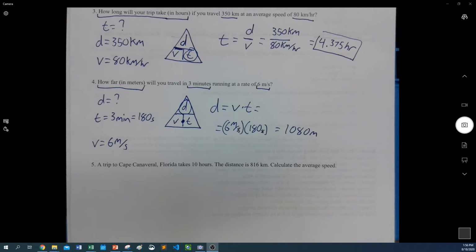By the way, your homework and tests are going to be just like this. So it's very important that you're working along, making sure you understand how to do it.